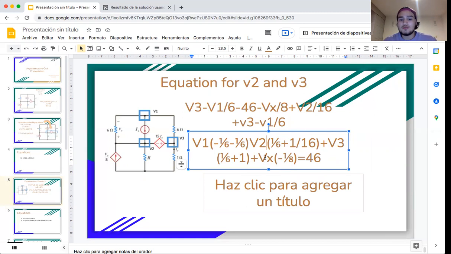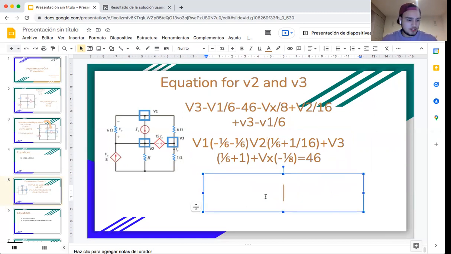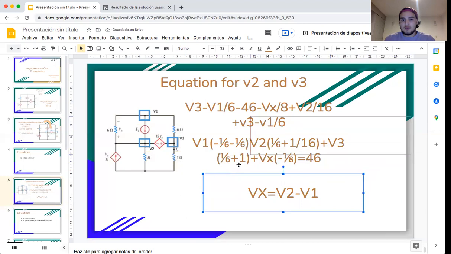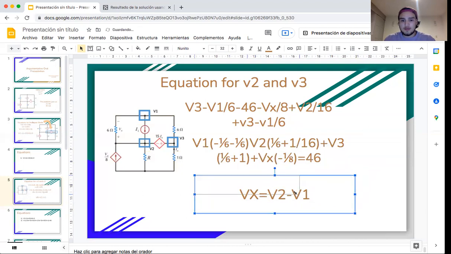So now we need to substitute Vx with this equation, that is Vx equals V2 minus V1. This is the formula that makes it easier for us.